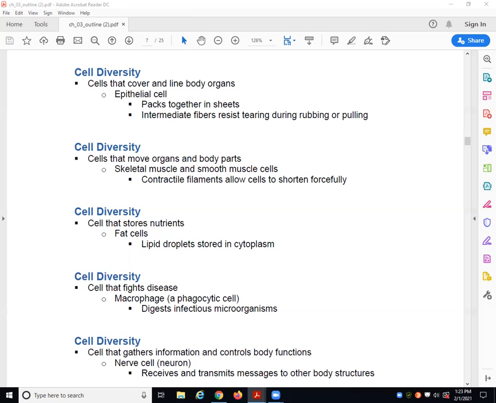And these have contractile components, and they can allow the cells to shorten with some force. You also have cells that are involved in storing nutrients. So example there, your fat cells are adipocytes. Okay, and so these essentially have lipid droplets in them, and they're stored inside the cytoplasm of the cell.